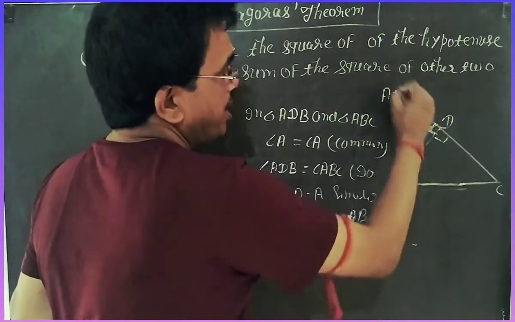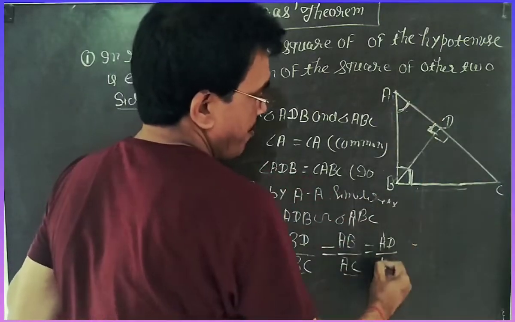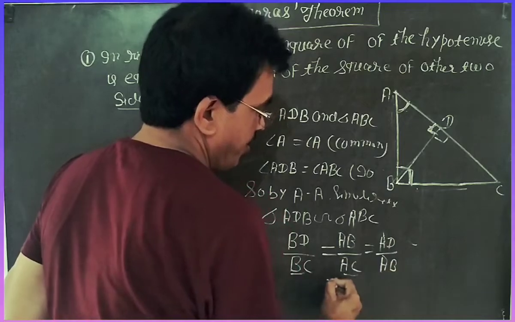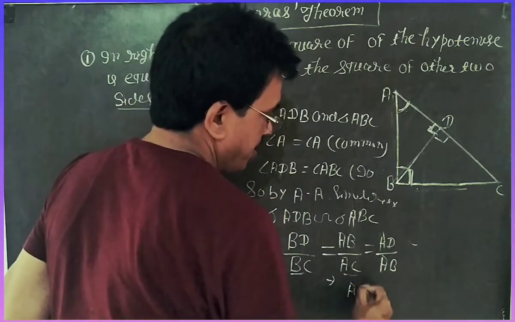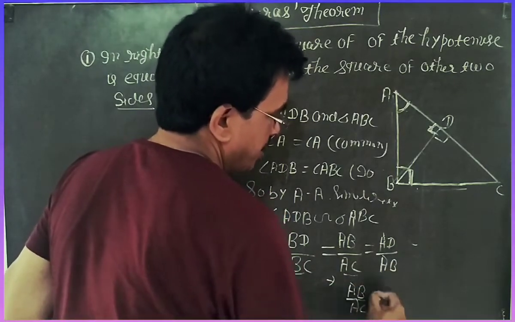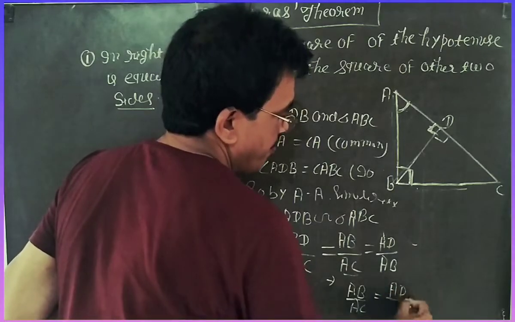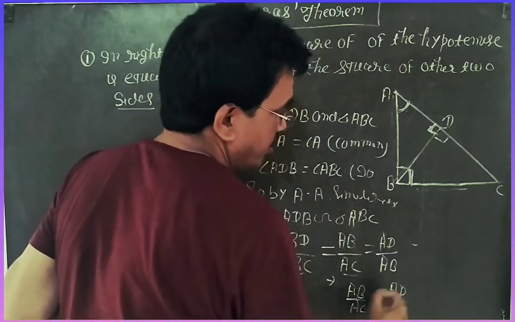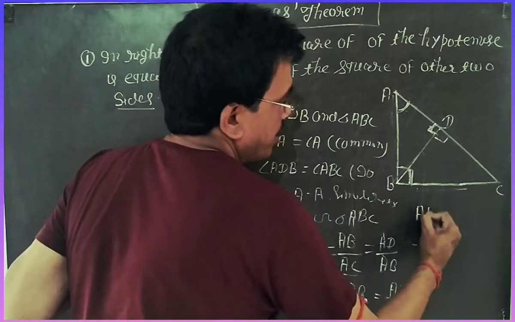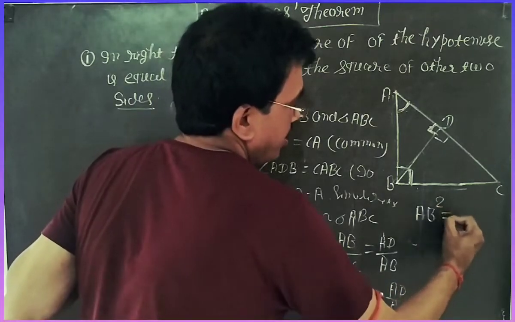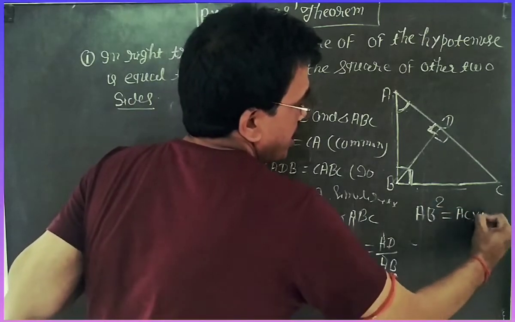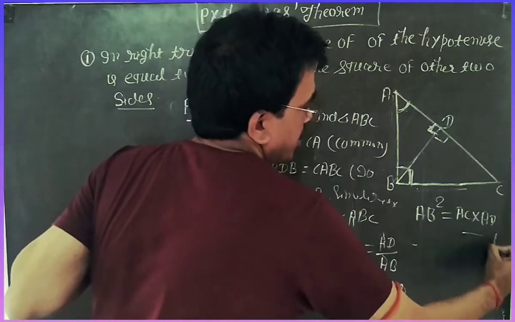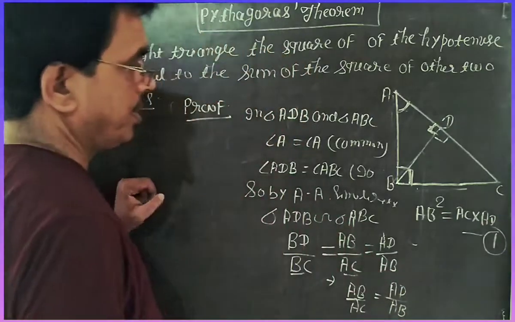You write BC and AC, then AB remains. And then you write AB by AC is equal to AD by AB. Cross multiplication, what you get? You get AB square is equal to AC into AD. That is the first equation.